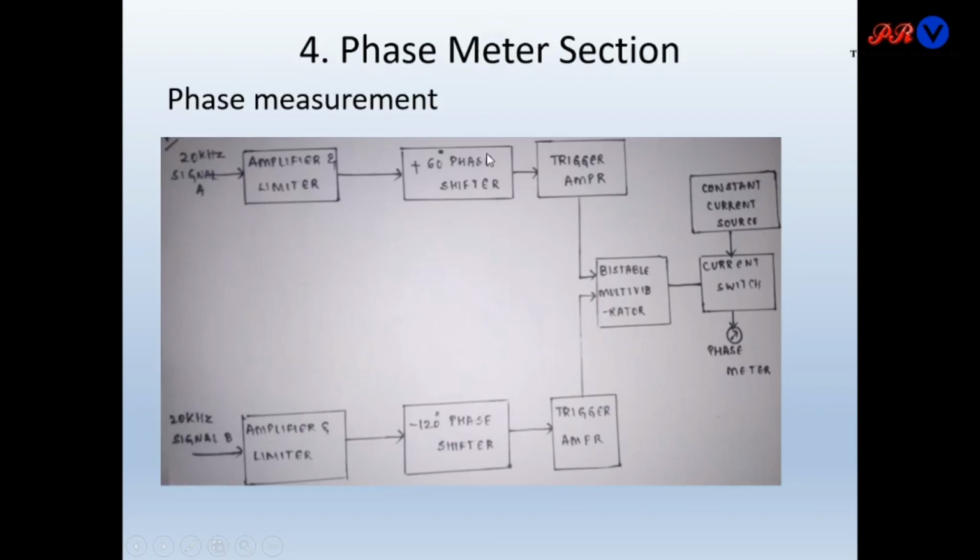This constant current circuit is connected to the phase meter according to the on and off status of the current switch, which indirectly depends upon the output of the bistable multivibrator, which is a symmetrical square wave.